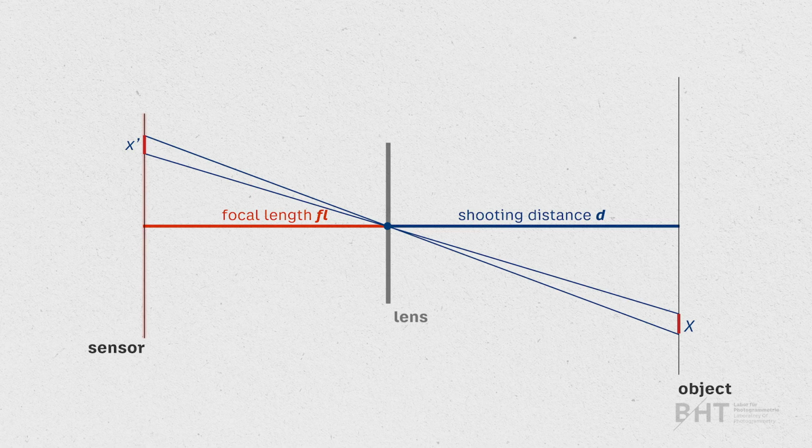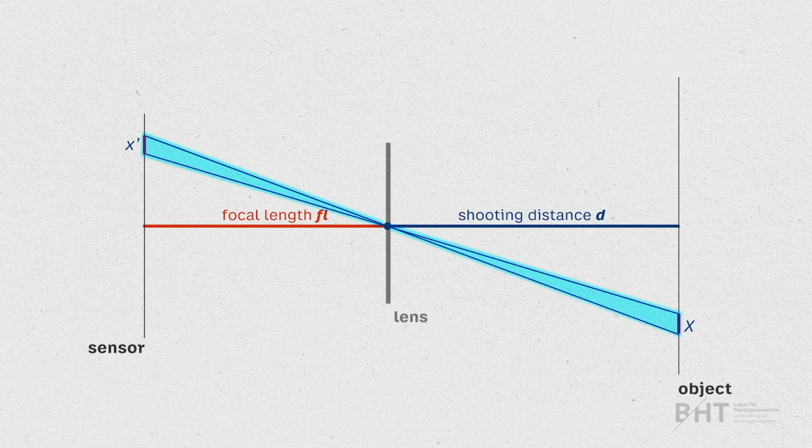On the left-hand side, we have the image plane or the sensor with the center of projection and the focal length as a distance between. On the right-hand side, we have the object plane, which lies in front of our lens in the shooting distance. And we have the individual pixel on the sensor, which is projected onto the object's surface. This creates similar triangles whose corresponding sides have the same ratio to each other.